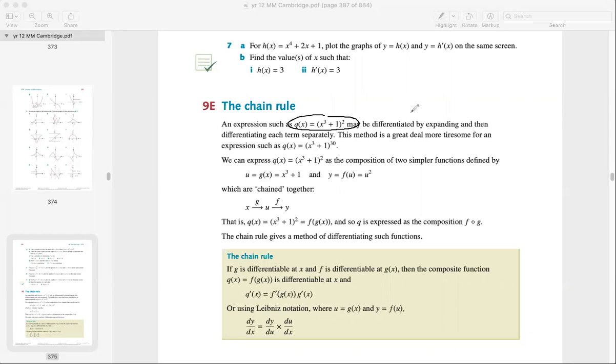Essentially, this is a combination of two functions. The first one is q(x) equals u to the power of 30, so a polynomial, or I should say a power function. And inside the u, it's u equals x cubed plus 1.